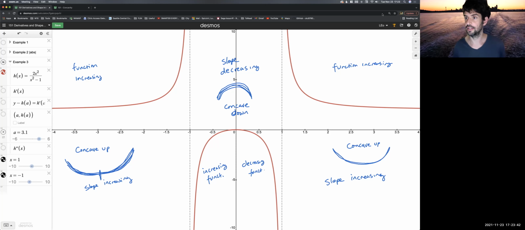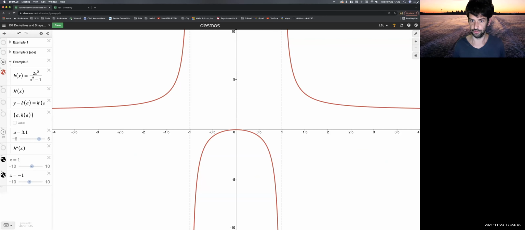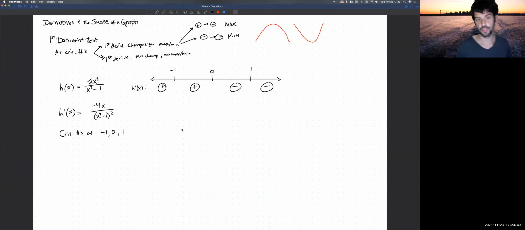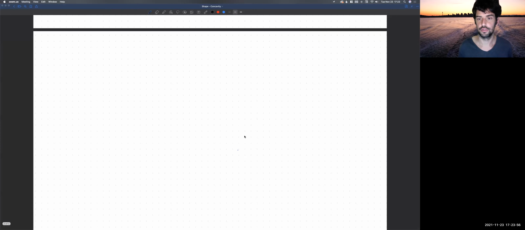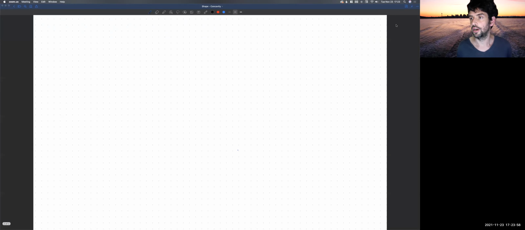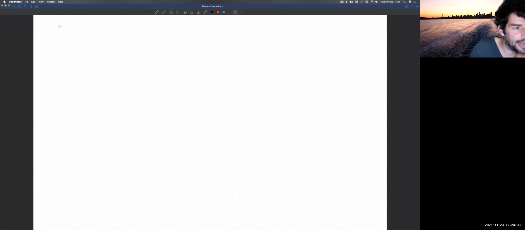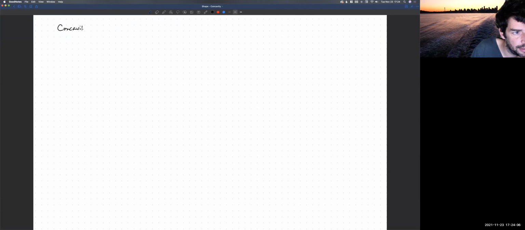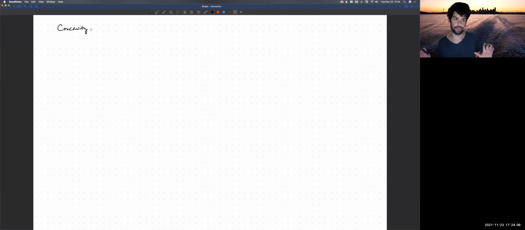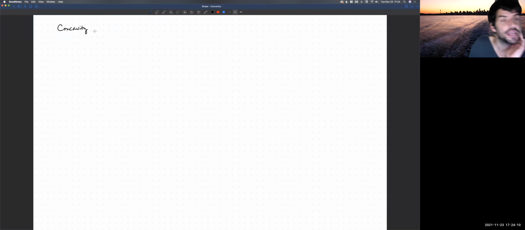So let's summarize a little bit what I just said. Let's write this all out. Let's get a new page. All right, so this new concept of concavity doesn't tell us whether the function itself is increasing. It tells us what's happening to the slope of the function.